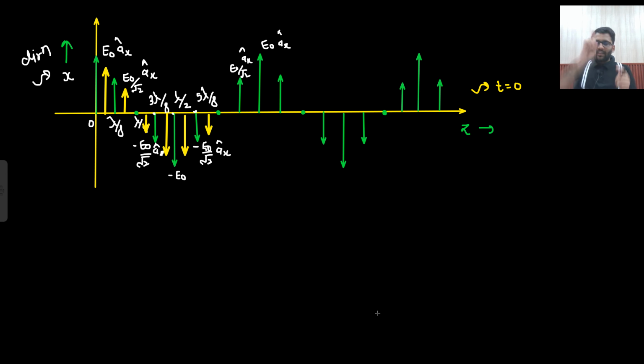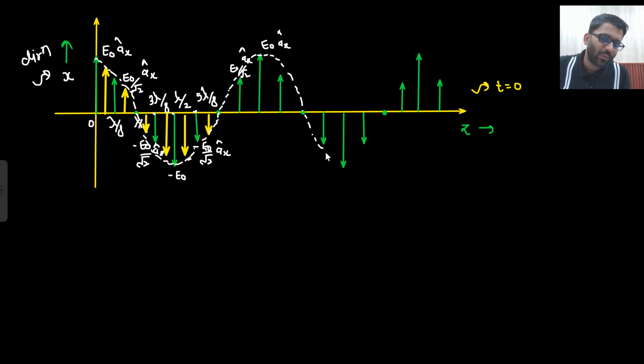So there are vector fields like this, and they are going in terms of cosinusoid. It feels like the vector fields are going in cosinusoid form. What else you can observe?